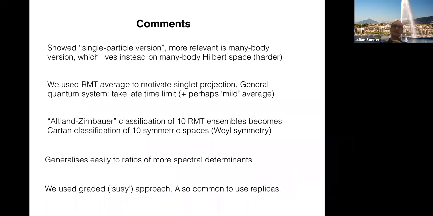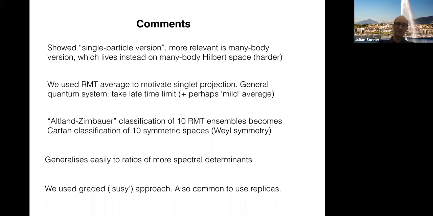I showed you here the single particle version. More relevant for us is the many body version, which instead of having the base space be just space, actually lives on the entire many body Hilbert space. The symmetry principles that go into it are the same. It's just more complicated to write down the terms, and I didn't want to bother you with it.